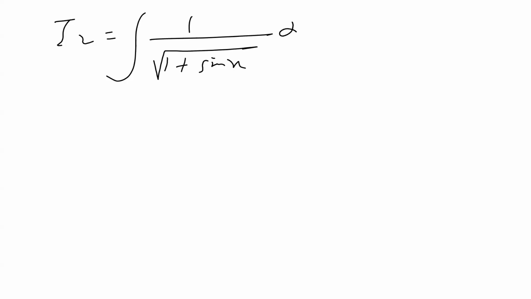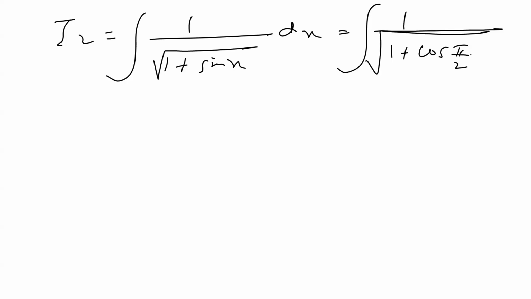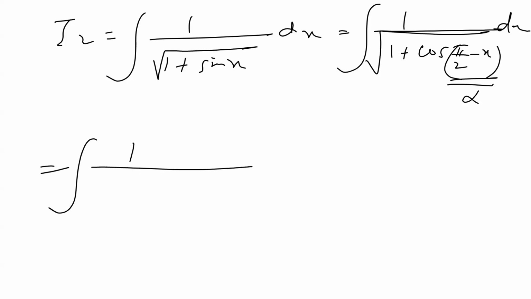I2 is 1 upon root 1 plus sin x. Now this is like the previous problem. I use the complementary angle over here, 1 plus cos. Now let this be alpha, 1 plus cos alpha.